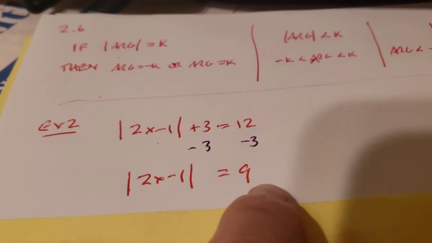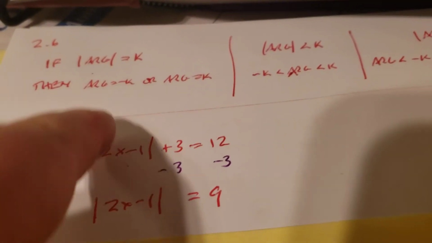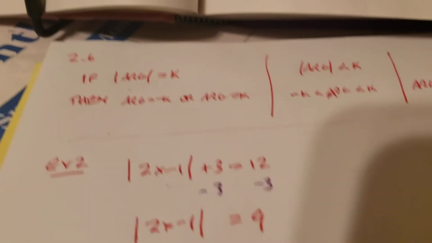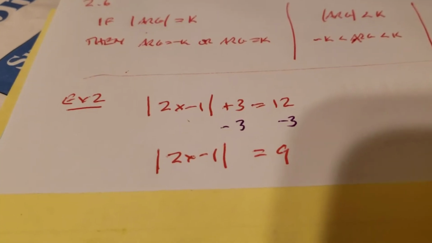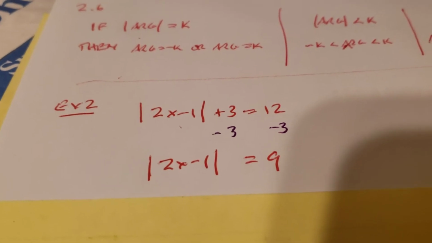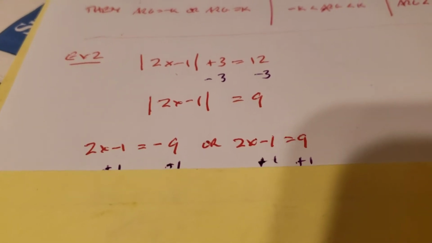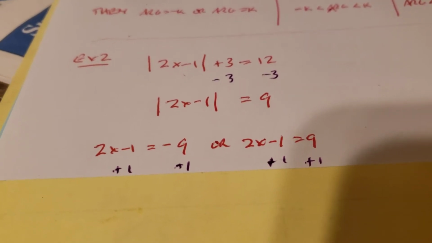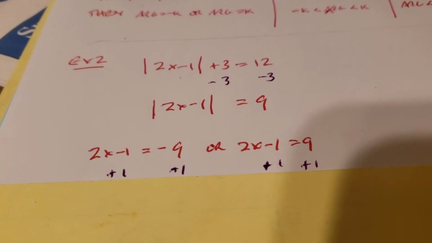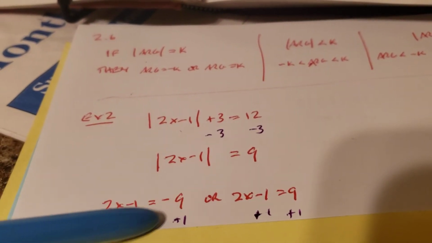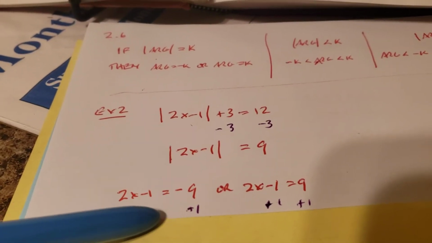Something of the form, so this is of this form right here, argument equals k, or absolute value of 2x minus 1 equals 9. So what's the pattern that frees the argument? Argument equals minus 9. So understand that I had a plus 9 here, but it does become a minus 9 when I free the argument.